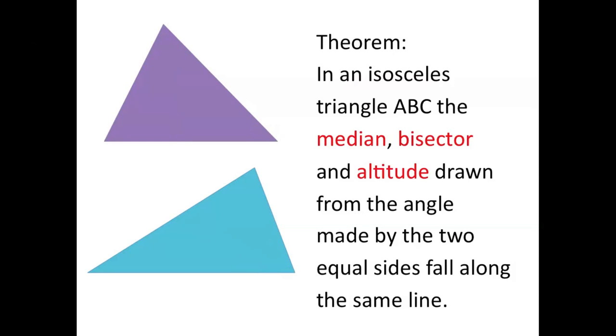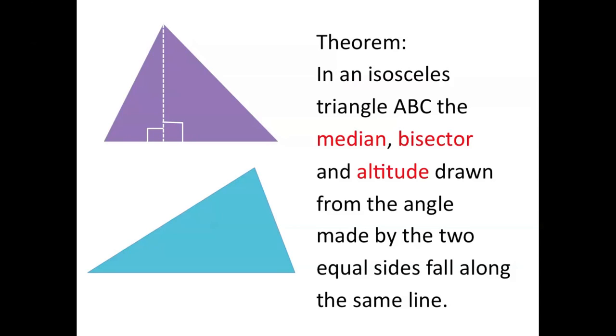Next is the altitude. The altitude is any line drawn from any vertex of the triangle straight down to the opposite side that is perpendicular to the opposite side. So as you can see, for the purple triangle, we draw a line from the topmost vertex that is perpendicular to the opposite side, and that means that the angles created are 90 degrees, or right angles.